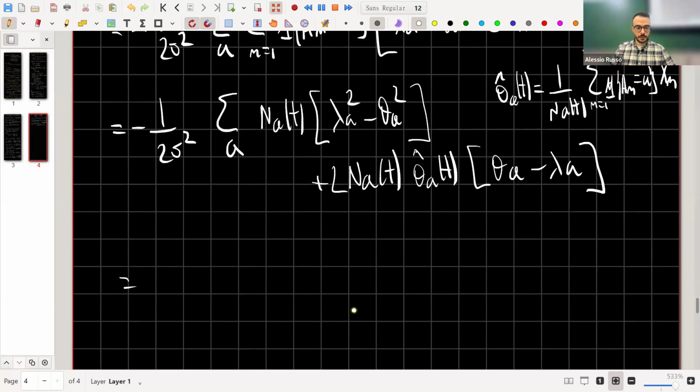The only thing left for this computation is just to make the square explicit. So we are going to add and subtract hat theta a t squared.